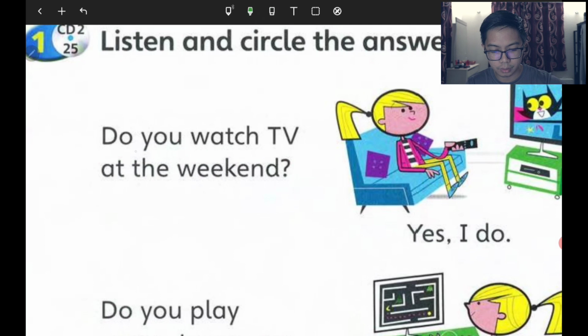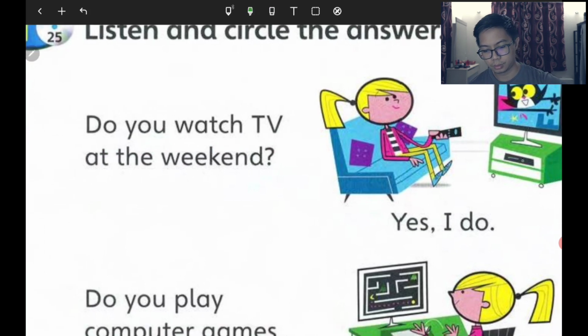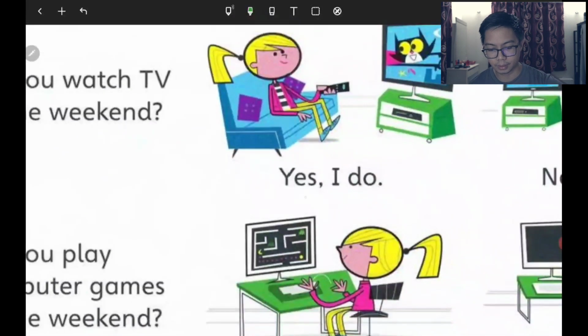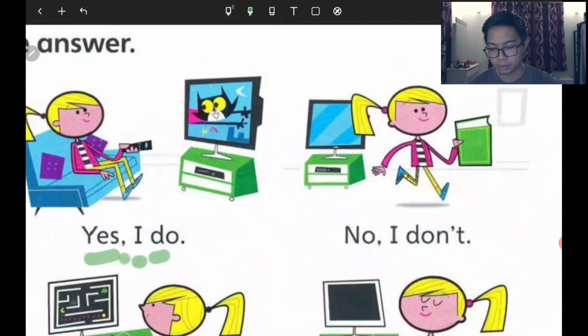The activities, for example, do you watch TV, okay? So if you say yes, comma, I do. If you say no, for example, this girl is going to read some book, she doesn't want to watch the TV, so she says no, I don't.